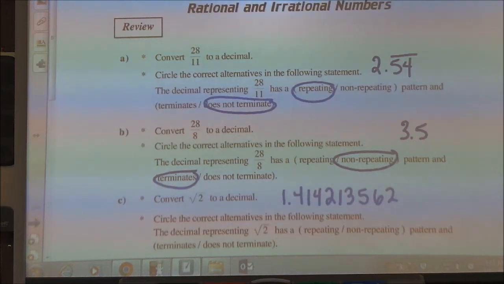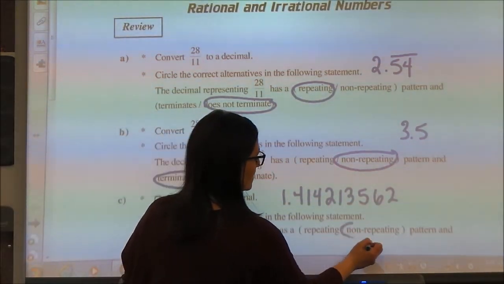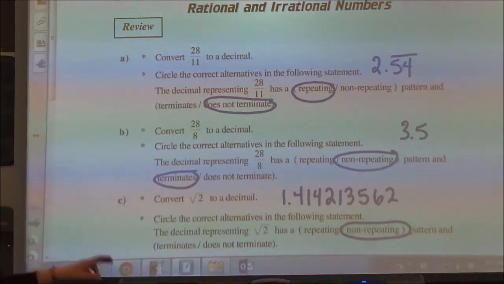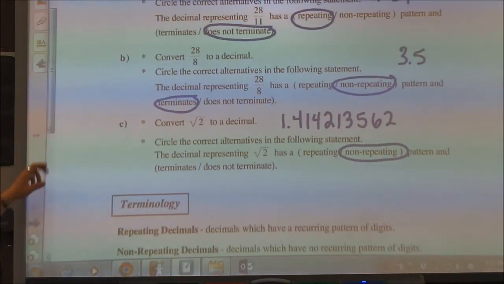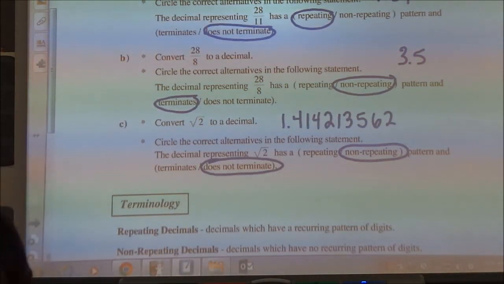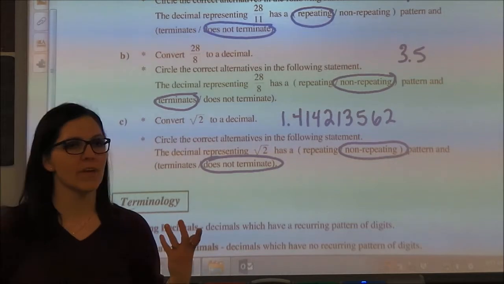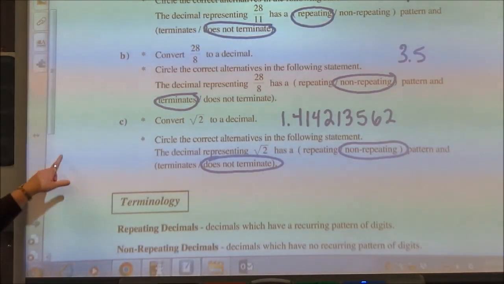This decimal is not repeating, and it's not terminating. It's not coming to an end. These types of numbers that don't terminate and don't repeat, we call them irrational numbers.